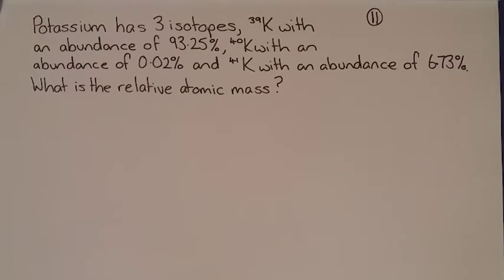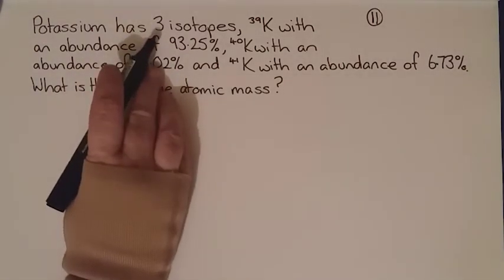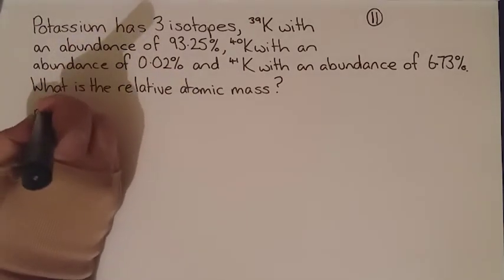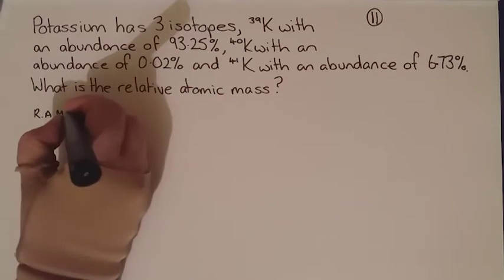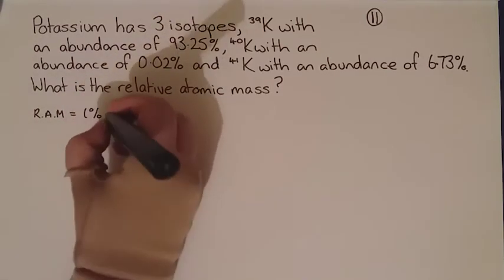In this example, they are telling us that potassium has got 3 isotopes, which means when we do the relative atomic mass formula, we're going to do 3 bits.